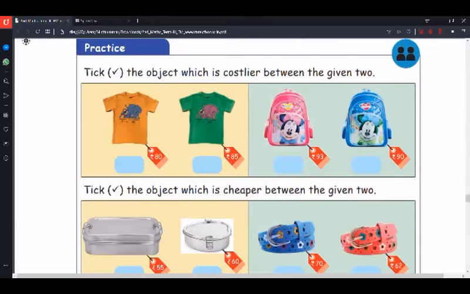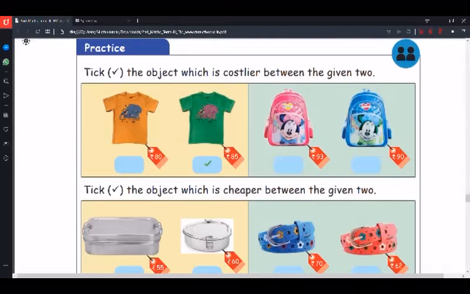The yellow one is 8 tens, only 8 tens. Here the green one is 8 tens plus 5 ones, isn't it? So which has more money? Yeah, the shirt with more money, that is costlier, is the green shirt, isn't it? So tick the green shirt.